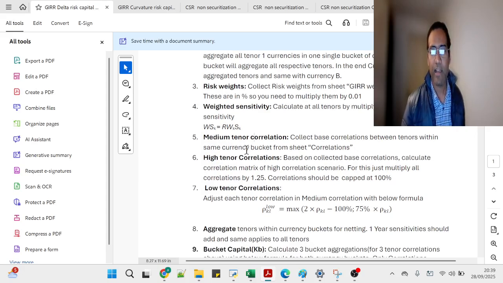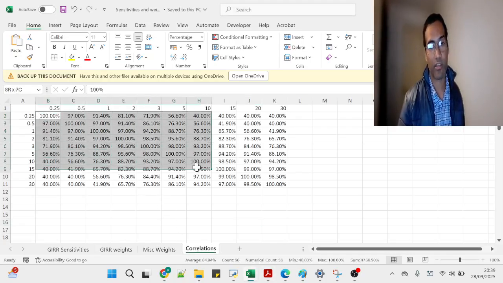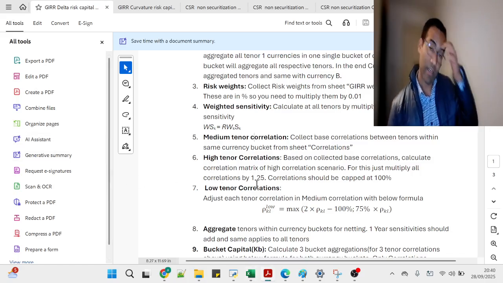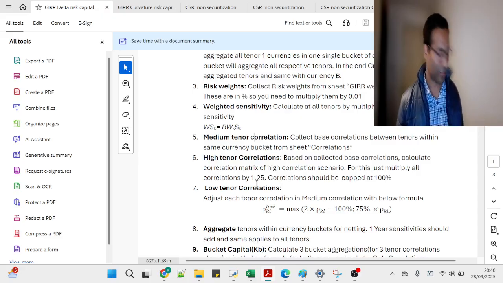Now, one important point. You saw some correlations there, tenor correlations between 0.25 and 0.25. Let's call them medium tenor correlations. Why am I calling them medium tenor correlations?